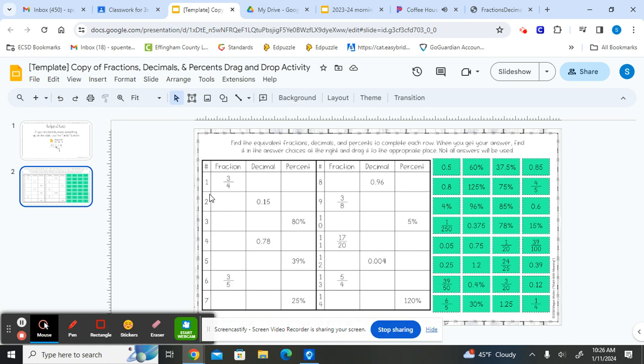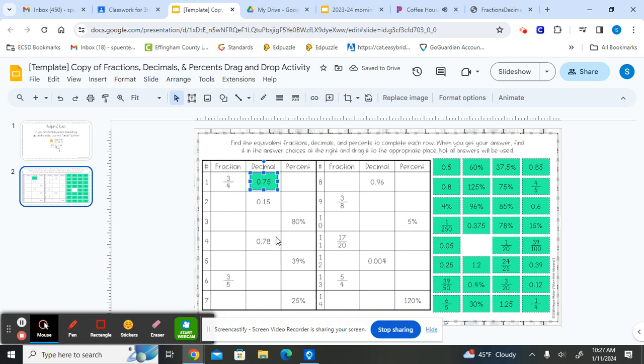All right. So we have 3/4 here. In your calculators, go ahead and tell me what the decimal is for 3/4. Yep. 0.75. Do you guys agree or disagree? Agree. All right. So all you're going to do is come over here and take your 0.75 and drag it over here.